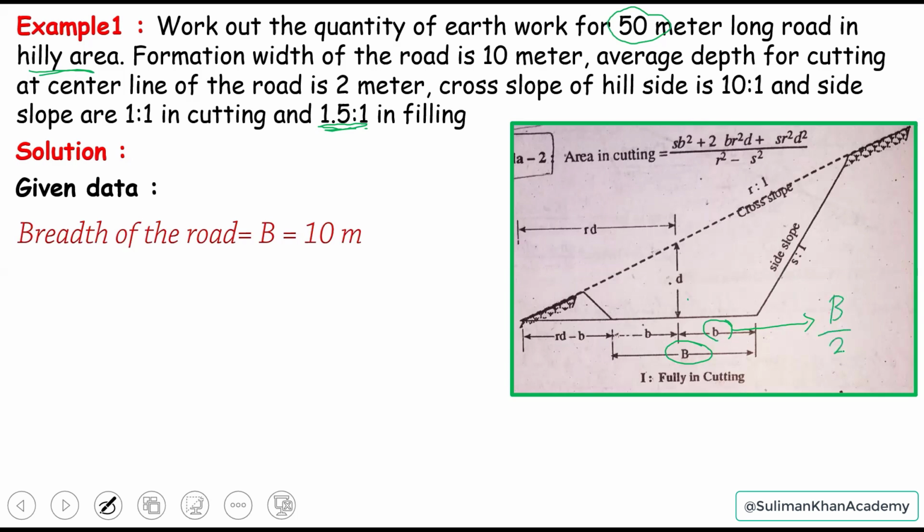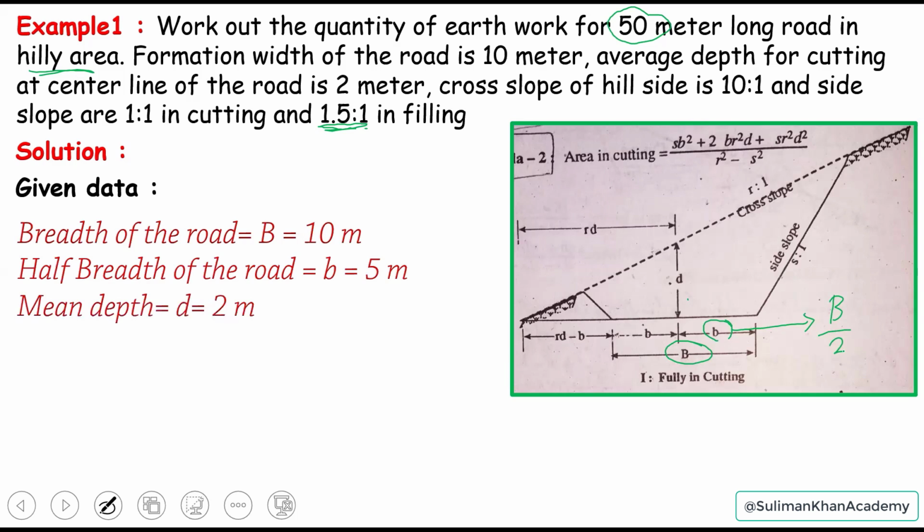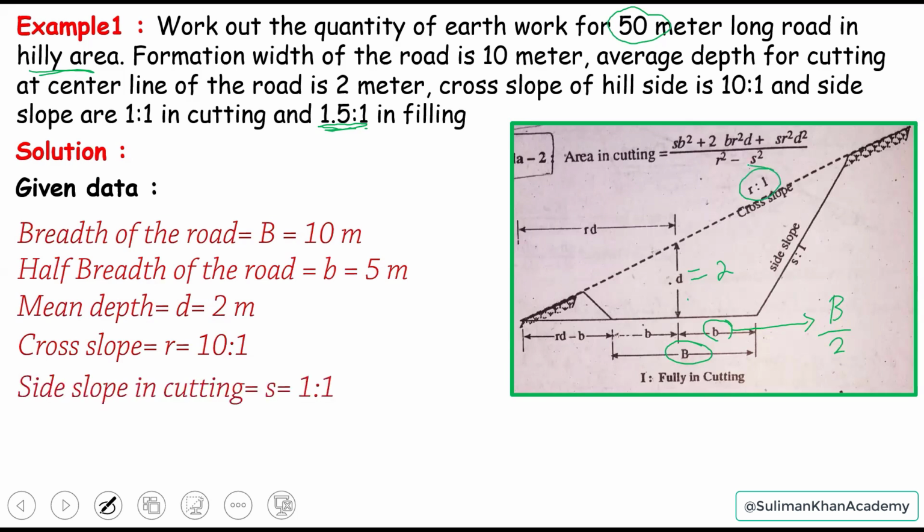It's very simple. We have the half width, so it can be 5, because 10 divided by 2 is 5. And then the mean depth, which is 2 meters, and this is this depth. Then we have the cross slope 10/1, that is R/1, and the side slope, which is 1:1, and the length of the road, which is of course 50 meters.